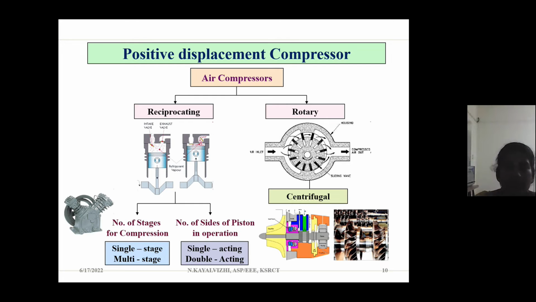This is a positive displacement compressor with rotary and reciprocating types. The reciprocating type is also divided by the number of stages and the number of pistons in operation. The number of stages is single and multiple.